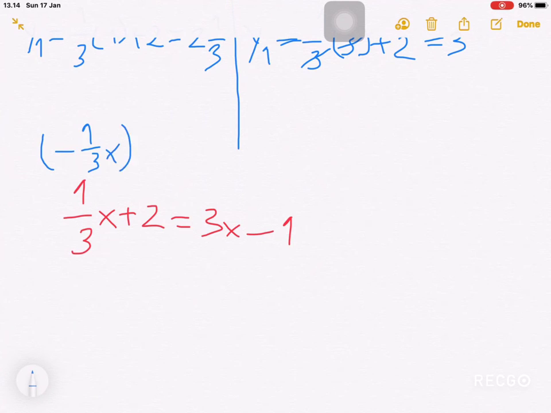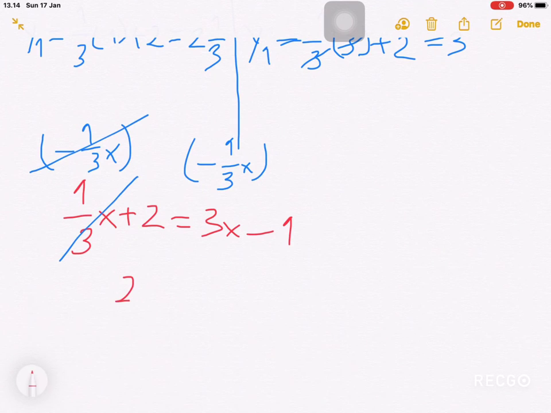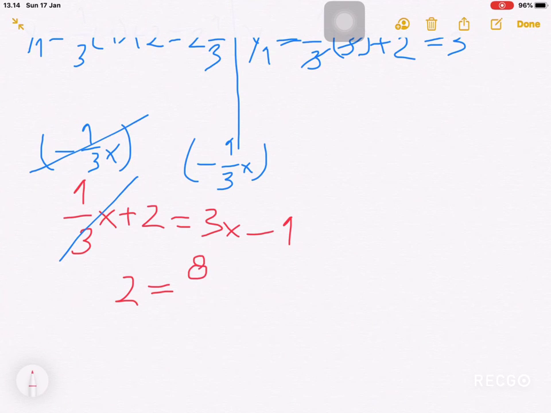So we're going to subtract 1/3x on both sides, so you can eliminate these terms right there. So we only have 2 on the left hand side, and 3x minus 1/3x on the right. Well, if you think about it, it will become 2/3x. However, I would probably just set this into an improper fraction just to make things way easier.